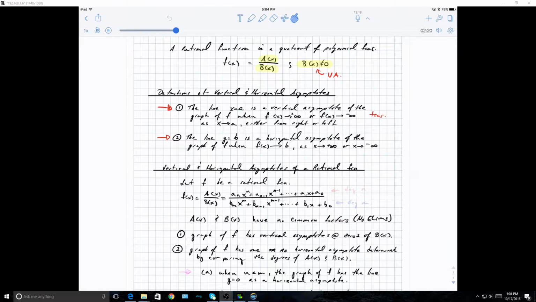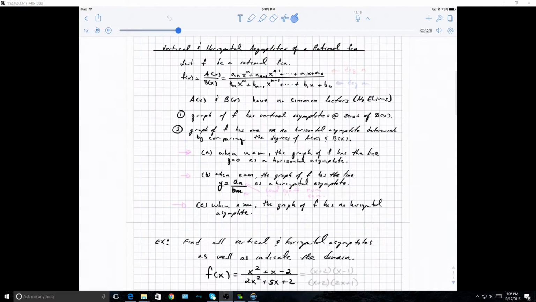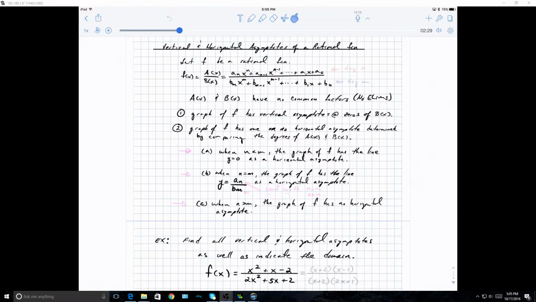So, vertical and horizontal asymptotes of a rational function. There's a few rules about it that we can use in our favor to make our job a lot easier.